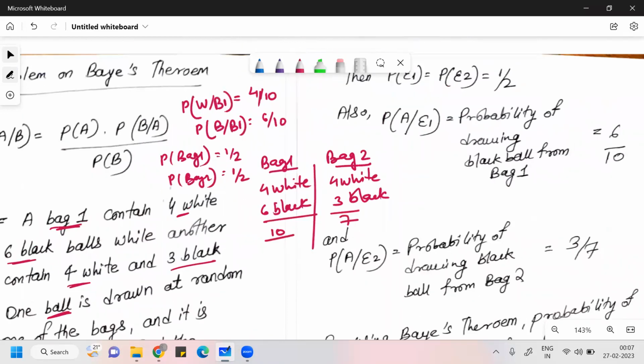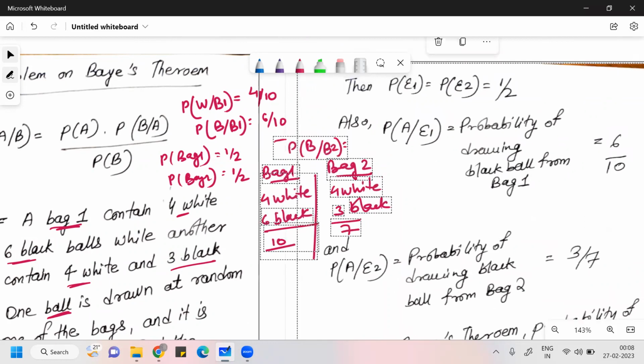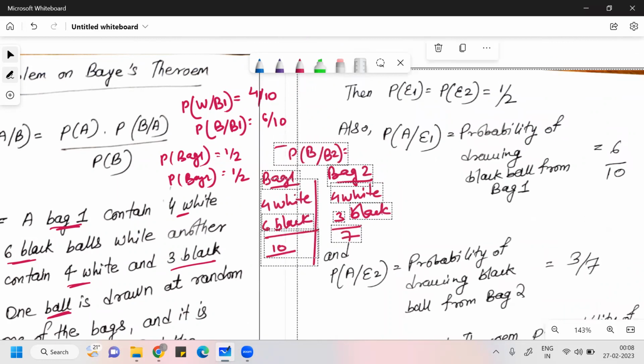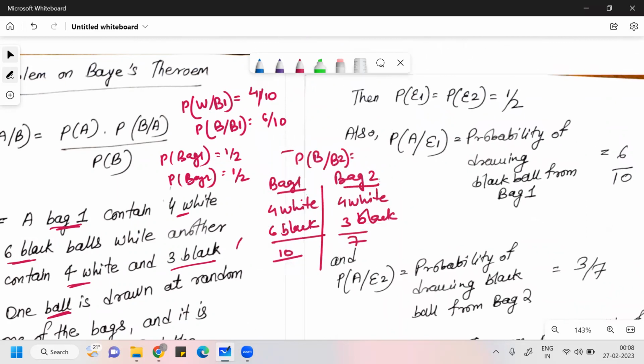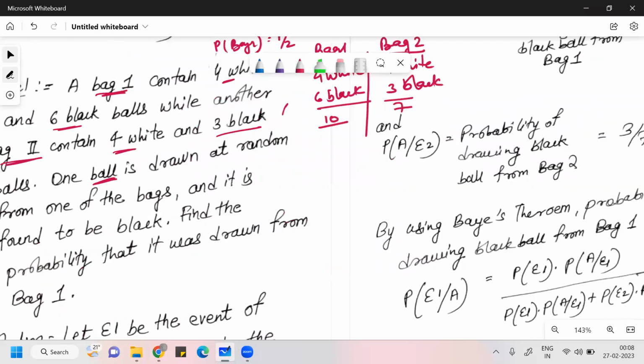The probability that you get a black ball from bag one is 6 by 10. The probability that you get a black ball from bag two would be 3 by 7. You would know this, right?